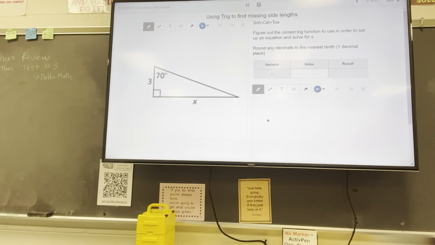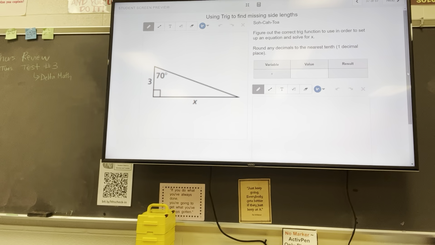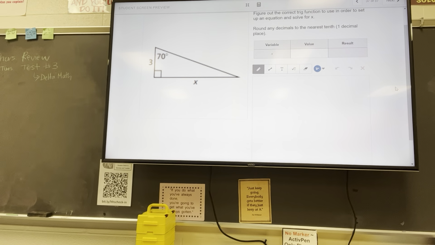Okay, tangent. So this is how we set this up. The tangent of 70 degrees, you're just going to write TAN, and you're going to put the 70 degrees in parentheses, should equal opposite side, which is x, over the adjacent side, which is 3.